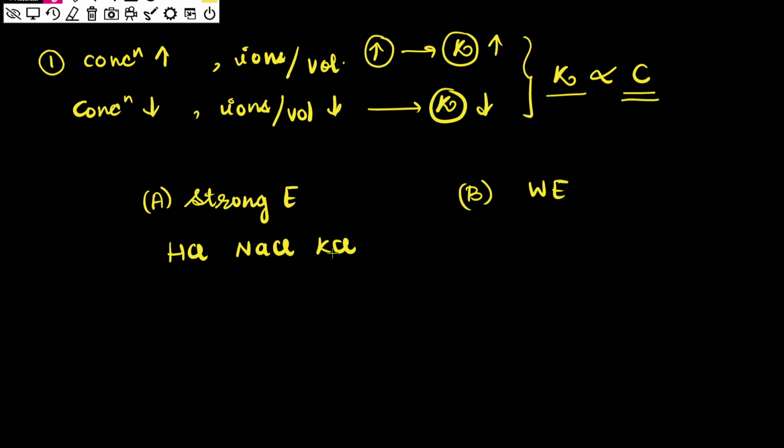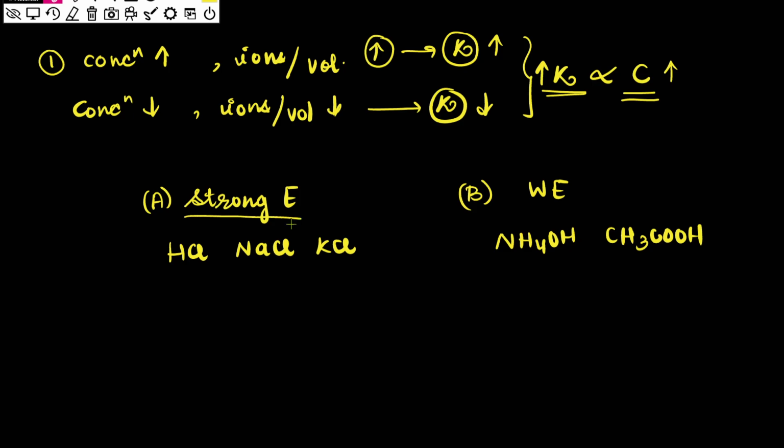In the weak electrolytes, let us take the examples of ammonium hydroxide and acetic acid. So right now I told you that if we are increasing the concentration, the conductivity also has to increase. But will this conductivity increase proportionally, or will this conductivity increase gradually? That is what we need to understand.